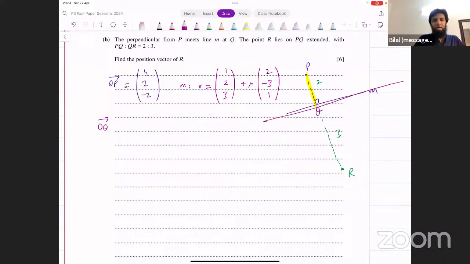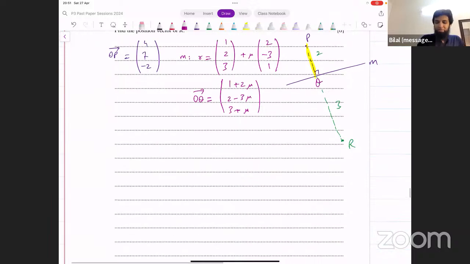Since OQ lies on the line M, the position vector of Q is going to be the same as this line because it lies on this line. It's just that we don't know what the value of mu is. So we write this in terms of mu. It turns out to be 1 plus 2 mu, 2 minus 3 mu, and 3 plus mu. That's the vector OQ. Okay.